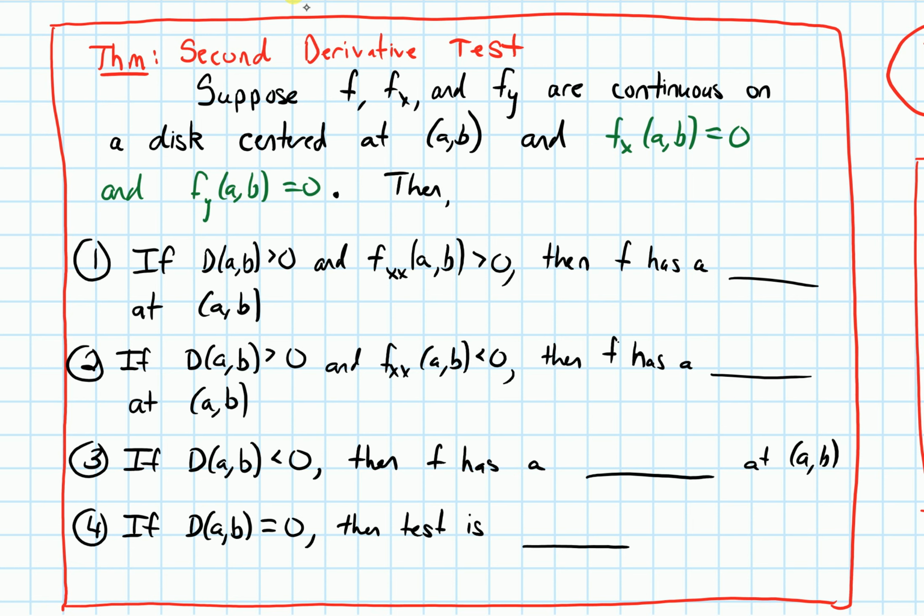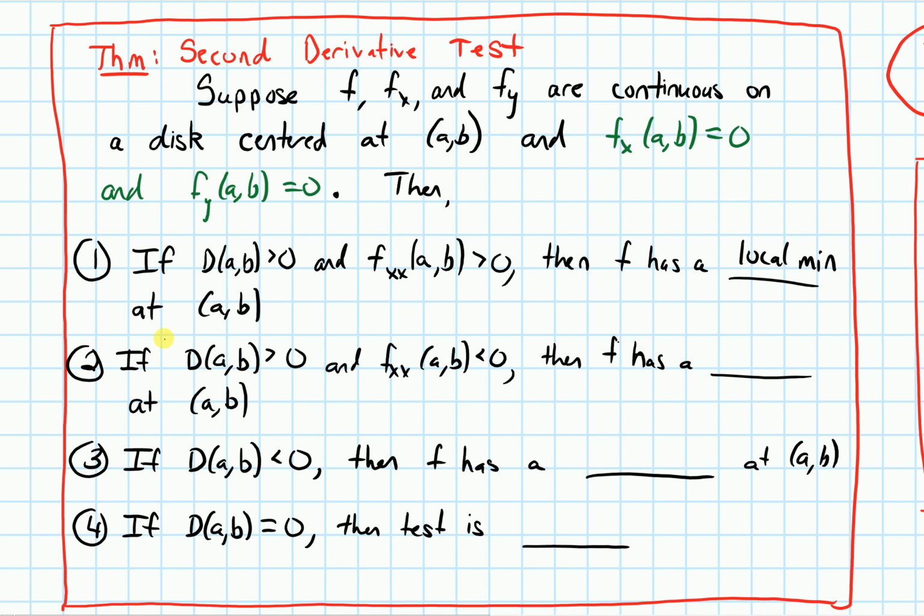So (a, b) needs to be one of our candidates where the partials equal 0. Okay, so when we look at this point (a, b), if that Hessian, that determinant, once we evaluate it at (a, b), is greater than 0, and if in addition the second partial derivative with respect to x twice at the point (a, b) is also greater than 0, f has, it turns out, a local min at the point (a, b).